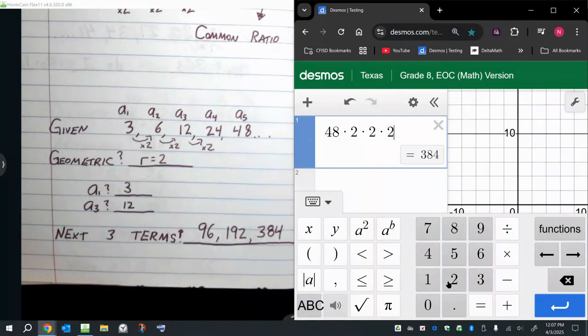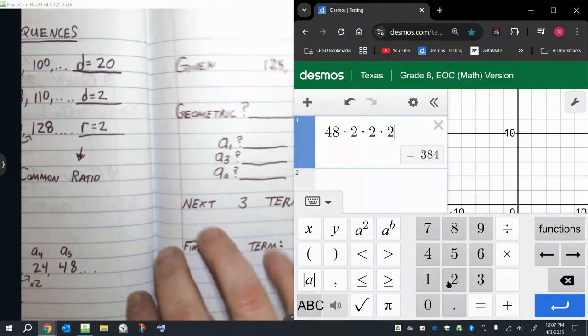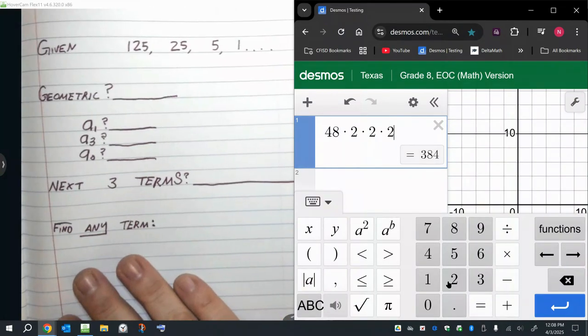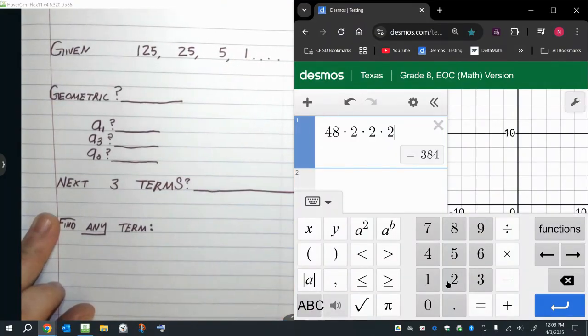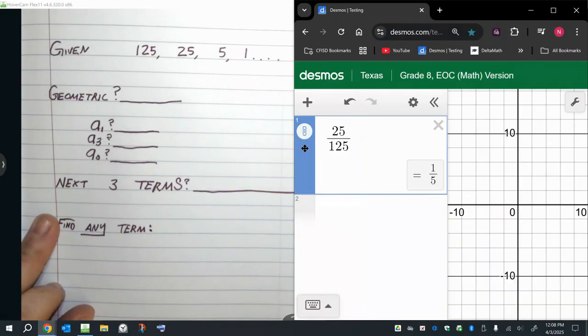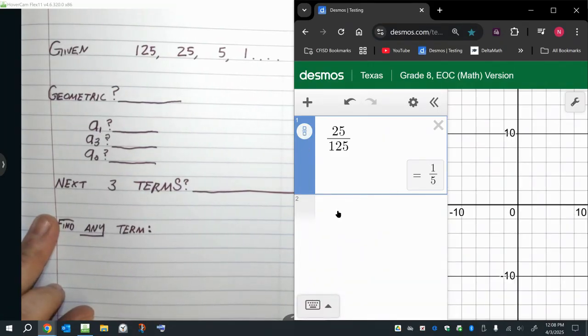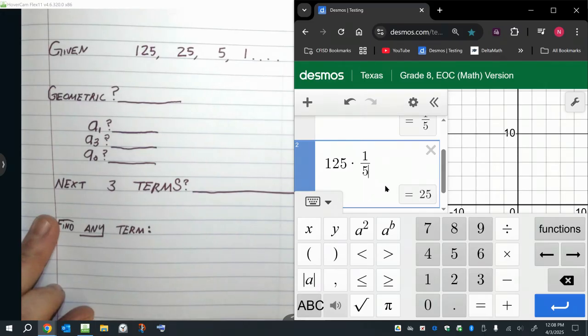So, hopefully that's making a little bit more sense right there. Let's take a look at another example. So, say that we're given this, right? Is this geometric? I don't know. Let's check. How do I check? Take 25 and divide it by 125. 0.2. What is that? 1/5. So we're saying if I take 125 and I multiply it by 1/5, is that 25?